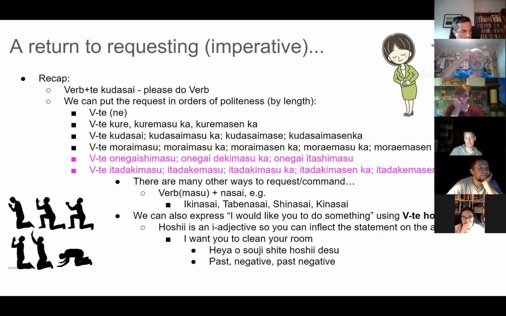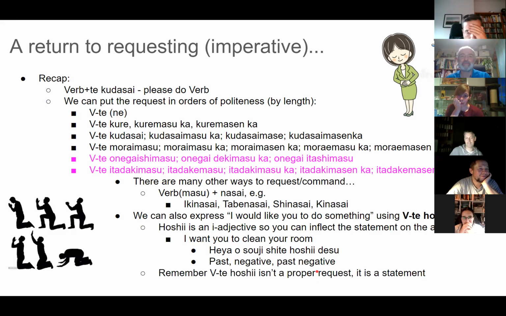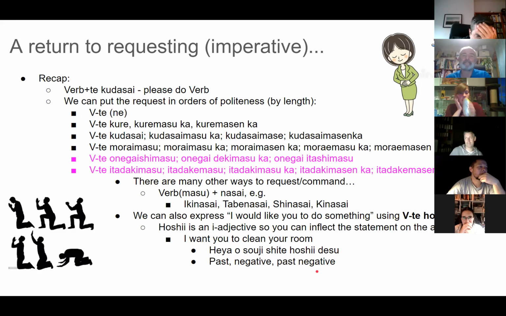I mean, usually we just shout at the other person. Yeah. I also have a quick question, just to double check. So using te hoshii is for when you want something from someone else, right? It's not like I want ice cream or I want to eat ice cream. If you want to say I want ice cream, using a noun, then it's aisu kuriimu ga hoshii desu.